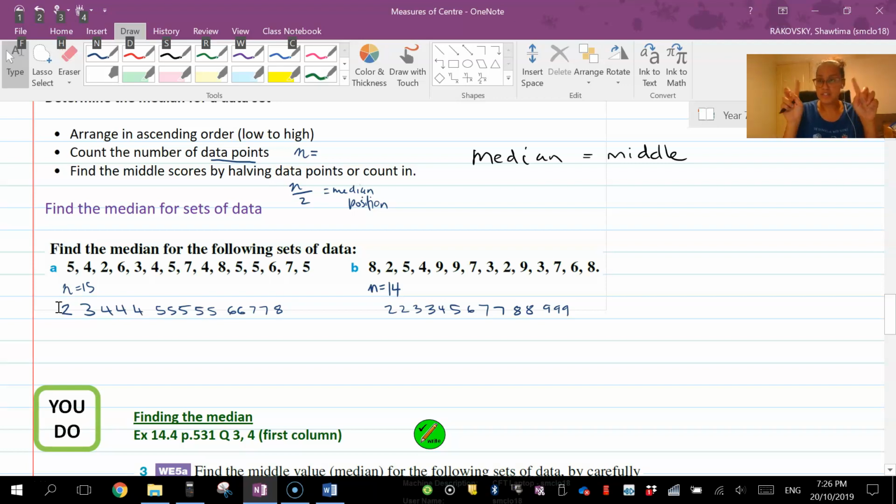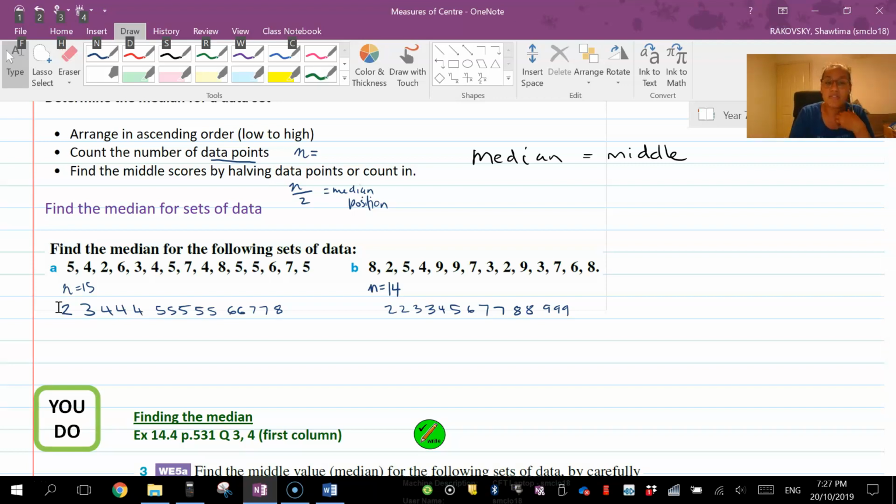So you can take your 2 fingers if you've got a reasonably small set, something less than 20, and you can go 1, 2, 3 and count on in until your fingers touch, and that's where your middle one is. If you're with a really large data set, I would prefer that you didn't do that, because it's very dependent on you counting and getting it right. Divide by 2, and that'll find your halfway point.